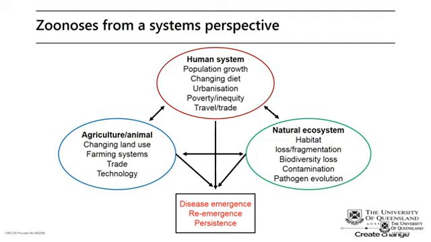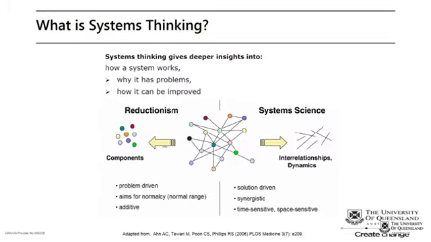If we then put this back into our Venn diagram, and this is, to me, a much better way of viewing the problems of One Health, and that we have a series of interrelated systems, and this is what I'll talk about in a minute with systems thinking. The emergence of zoonoses occurs as a result of the interrelationships between these different systems, and I think if we frame it in terms of the human system, the natural system, and our agricultural systems, it gives us a much better understanding of how to begin to explain how issues arise within those systems.